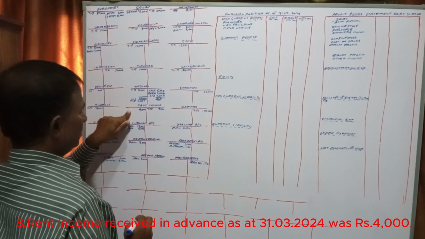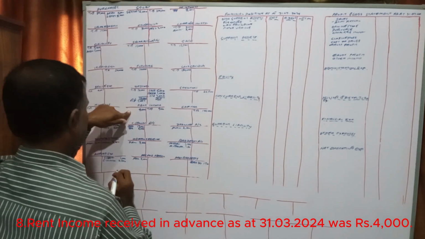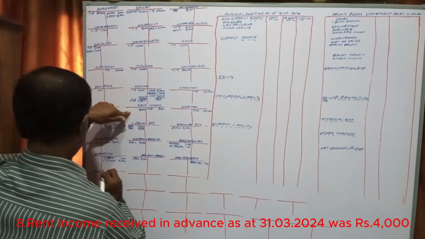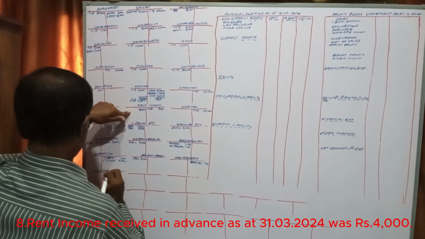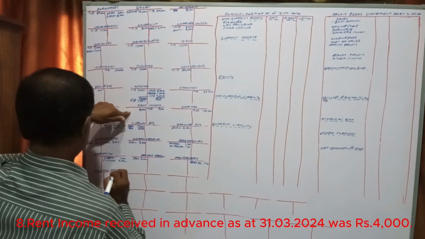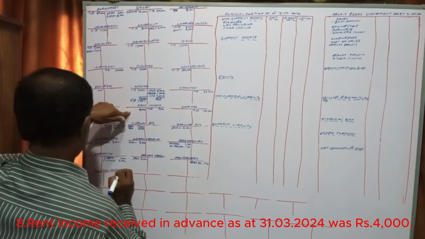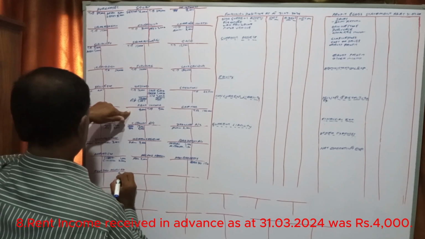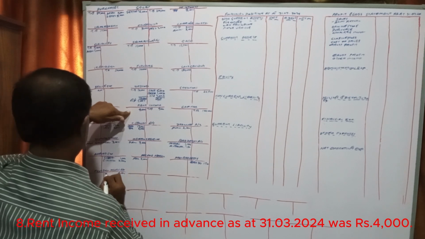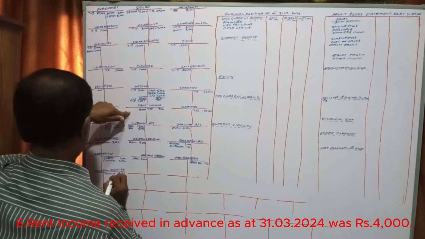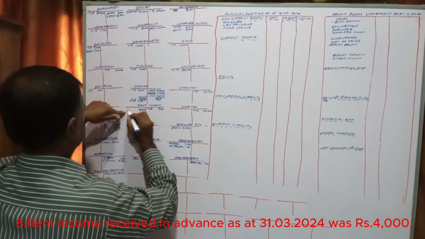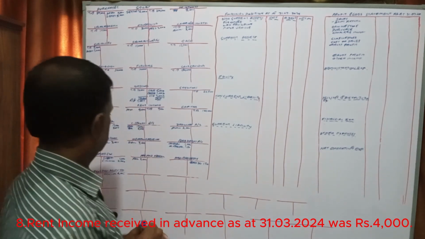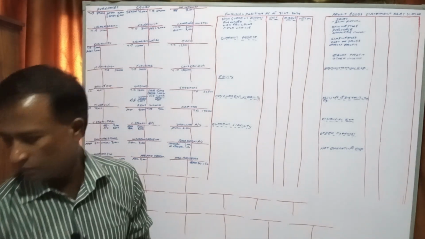That is rent income received in advance, right? Rent income received in advance account credited 4000. It is payable, right? Rent income debited and here credited.